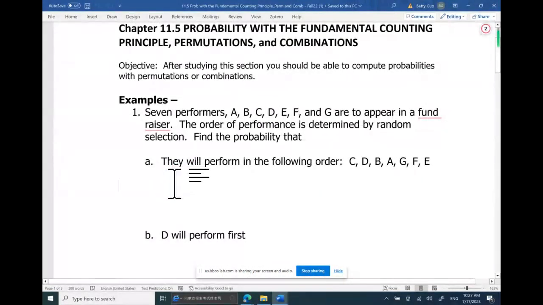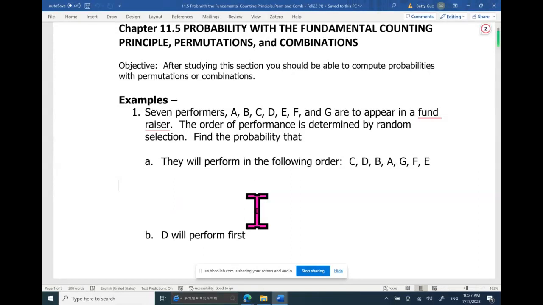All right, so let's see what kind of model we have here. The experiment involved can be seen as randomly selecting the arrangement of the 7 performers. So how many possible outcomes are there from the experiment? What's the sample space?